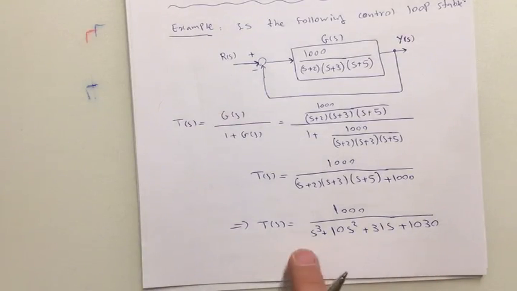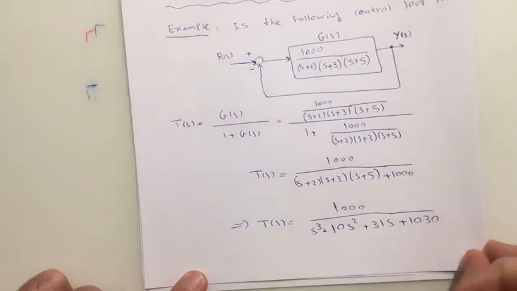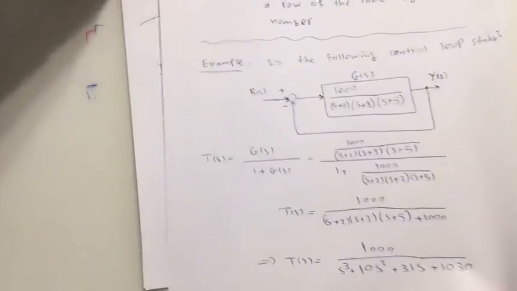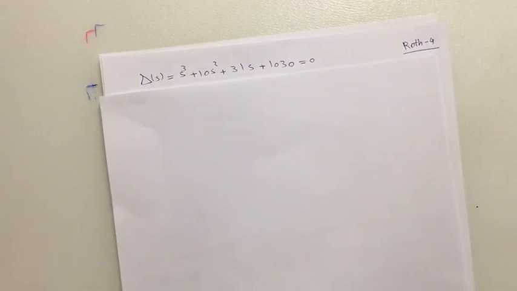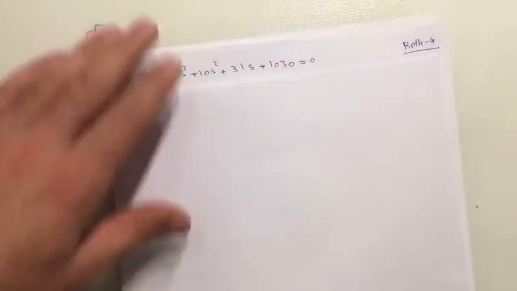It's clear that the characteristic equation is obtained when you equate this denominator to 0. Now we can write the characteristic equation as shown here.